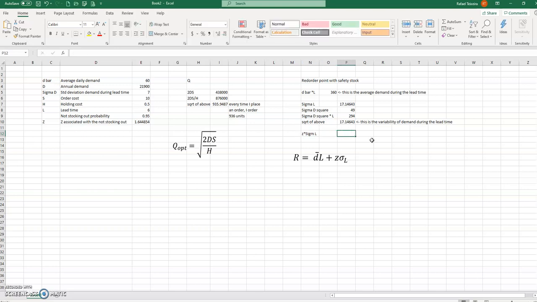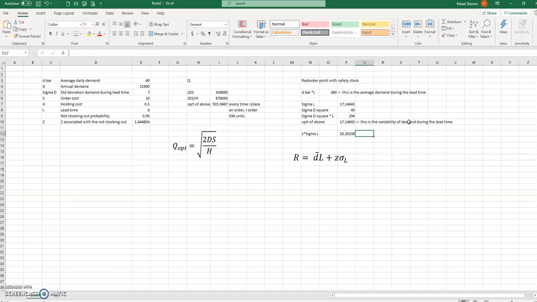So now I want to cover 95% of this variability. That's what I'm doing here. I want not to stock out 95% of the time in the variability. So what I'm going to do is compute the z value associated with 95% multiplied by the sigma L. I can select this or this, they're both the same. So this is the variability during the lead time.